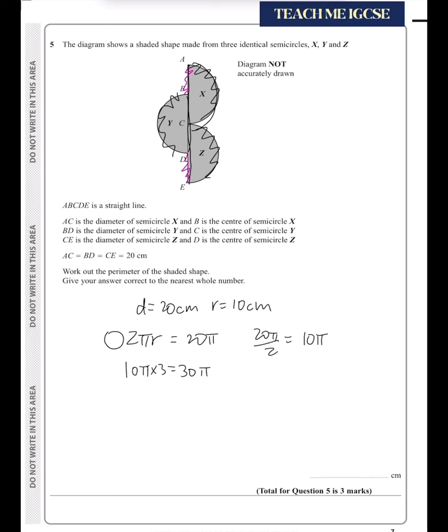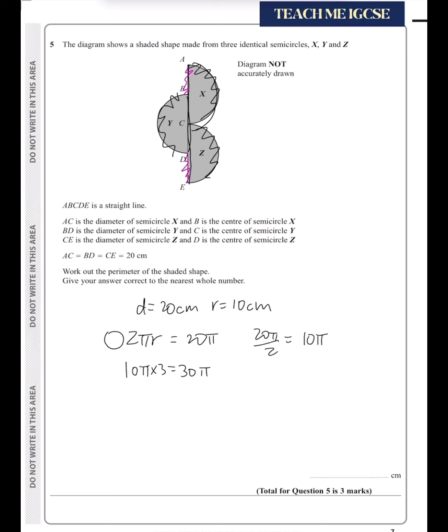And since we know B is the center of semicircle X, and D is the center of semicircle Z, that means that this distance DE and AB is the radius of those circles.